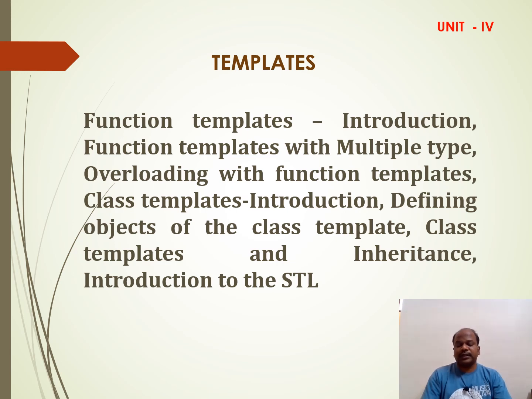So dear students, each unit in your main theory exam will carry 20 marks. First unit will be of 20 marks, second unit will be of 20 marks, third unit and fourth unit. So here you will be having 80 marks in your main exam for your theory examination.